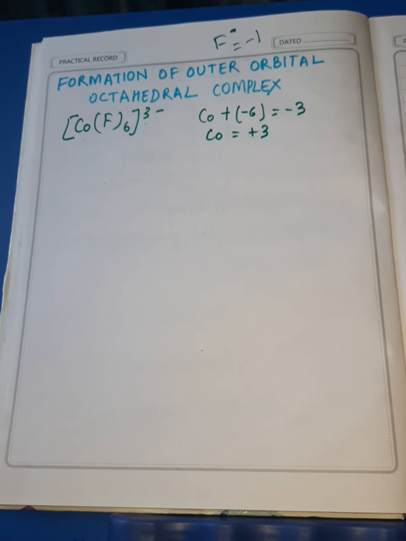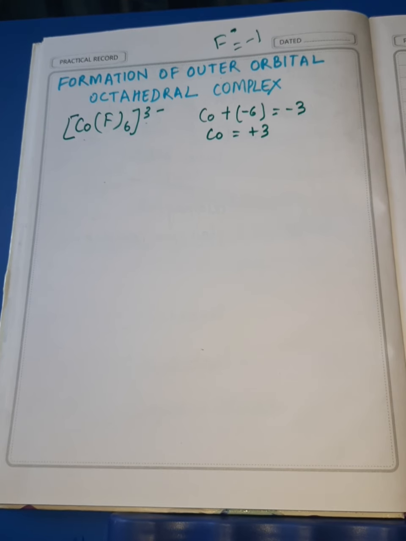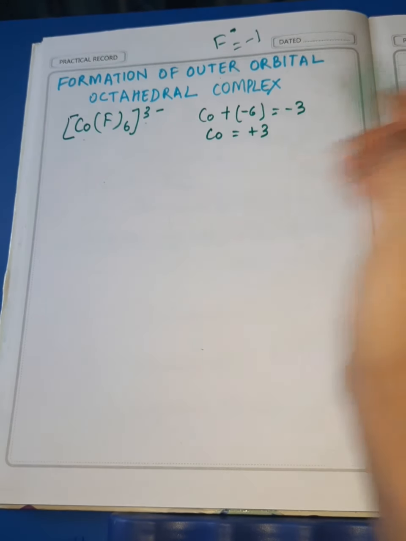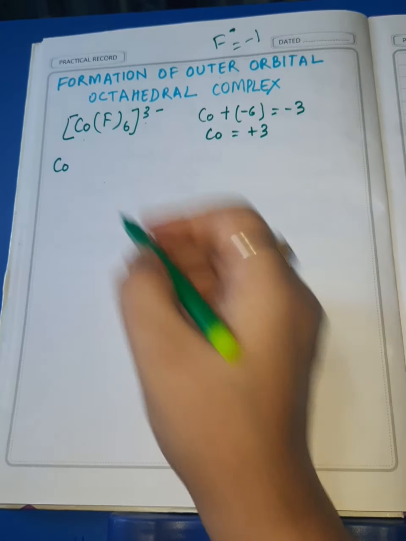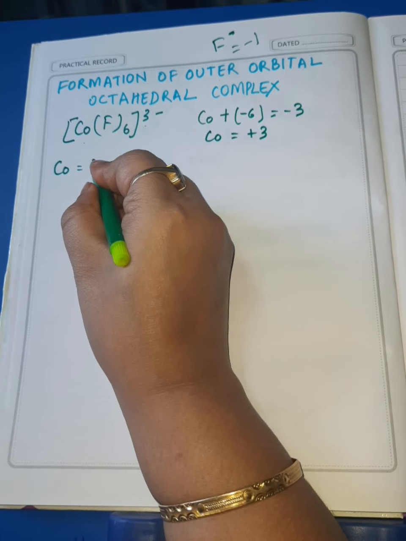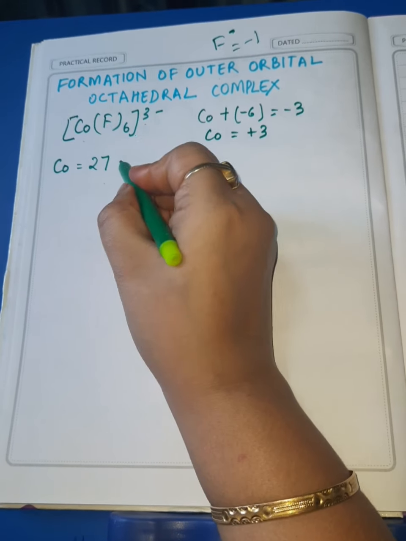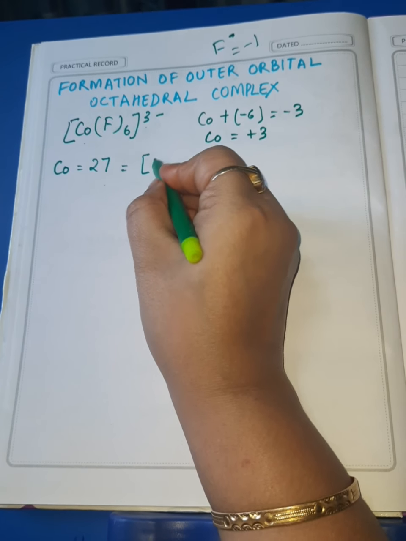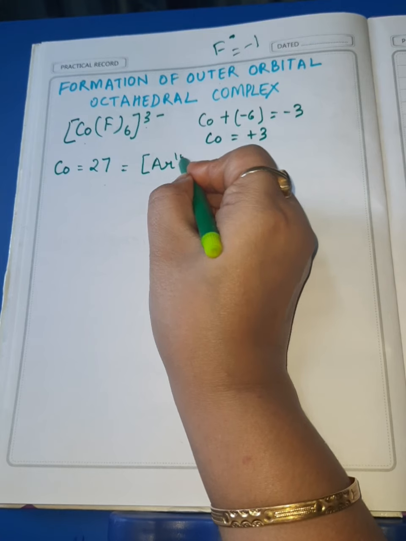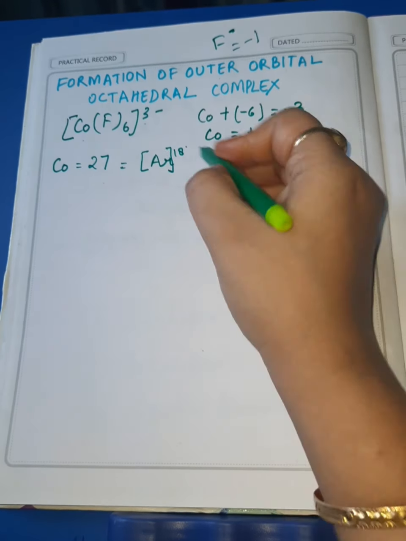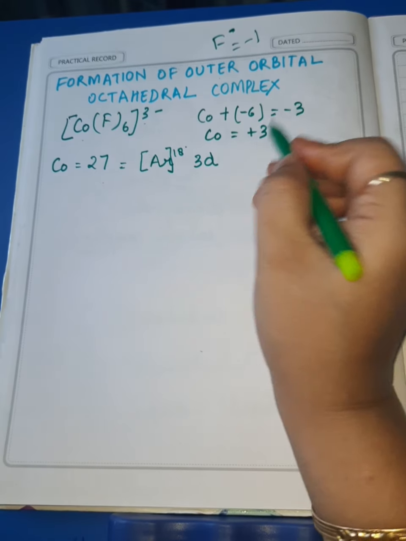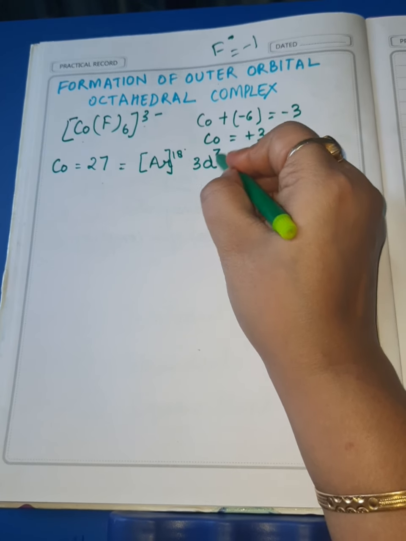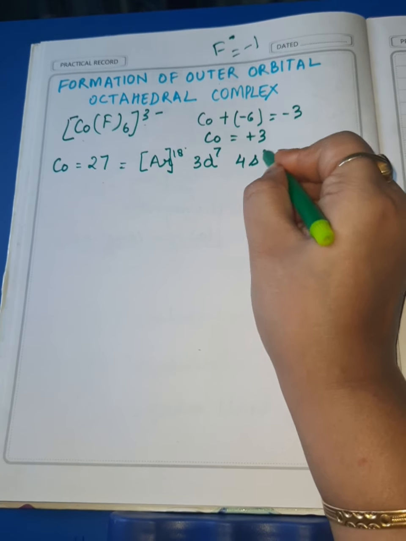Now we'll follow the same valence bond theory steps which I have taught you in the previous video. According to those steps, first of all we'll write the electronic configuration of cobalt. Its atomic number is 27. So its electronic configuration becomes, till argon it is 18, then followed by 3d7 and 4s2.